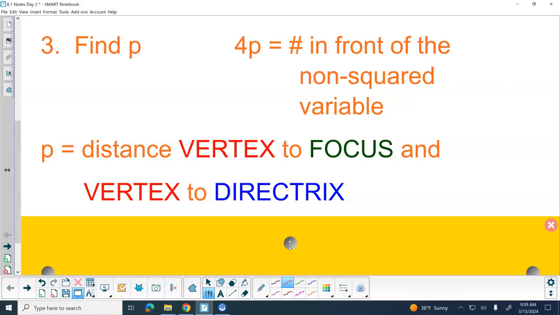Very important. So then we can identify our focus. We've got a parabola, a U. It's either opening up, opening down, opening left, or opening right. Where is the focus in terms of the U? Inside. Focus is inside the U. Where's the directrix in terms of the U?